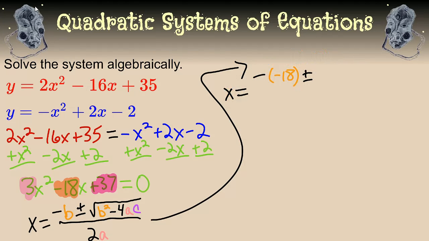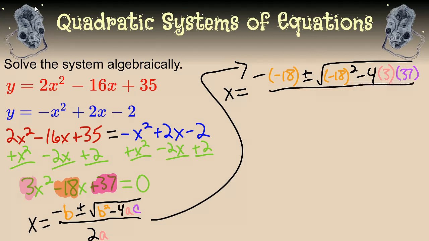The square root of b squared minus 4 times a. A is the 3 there. C is positive 37. All over 2a.